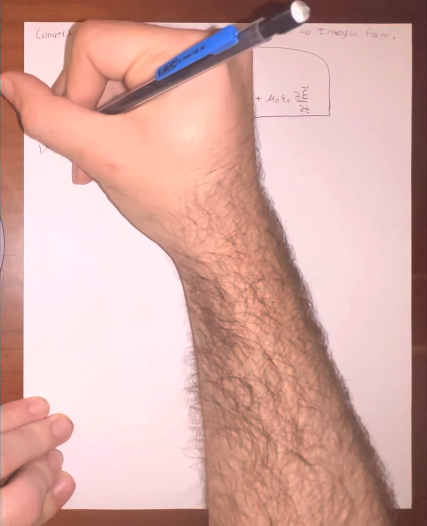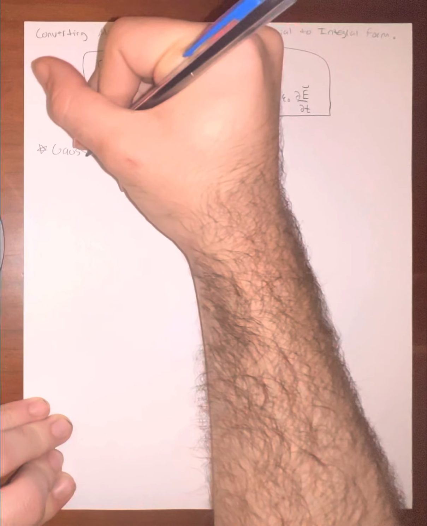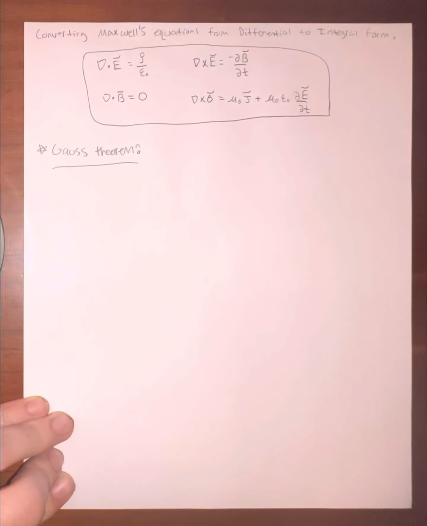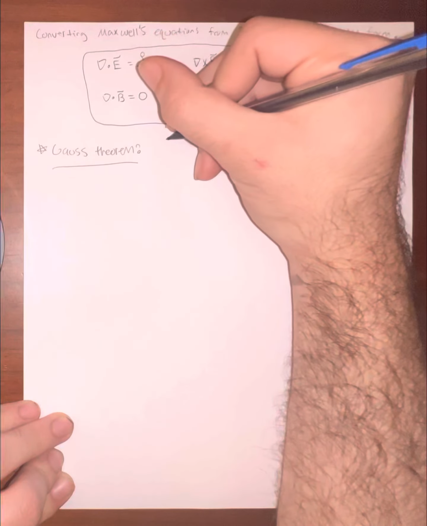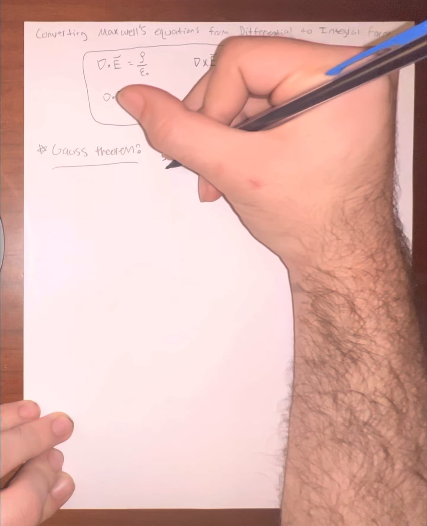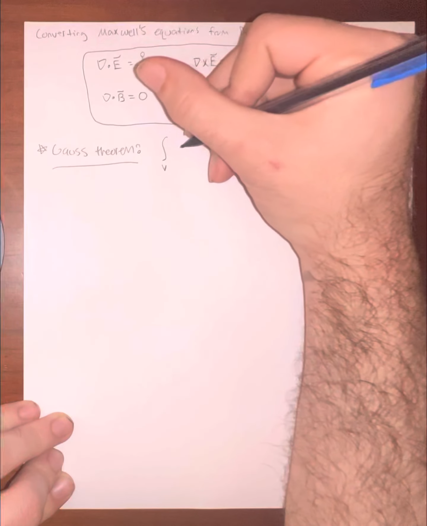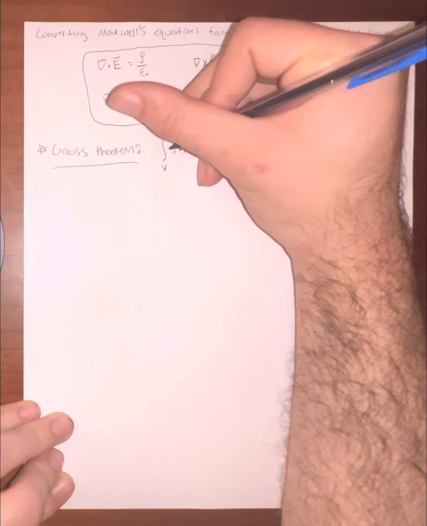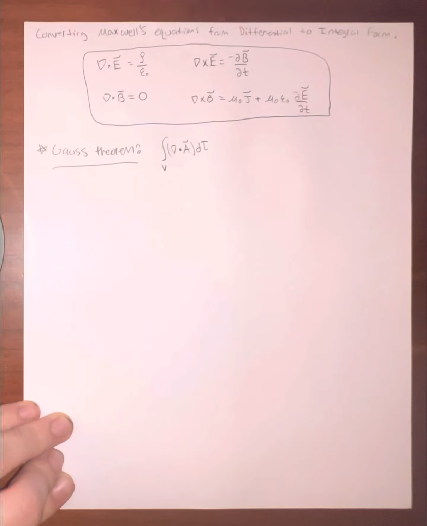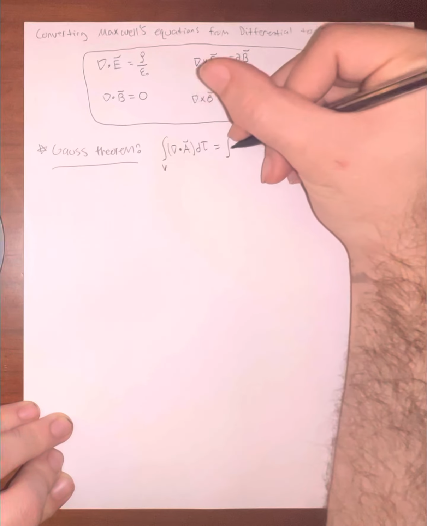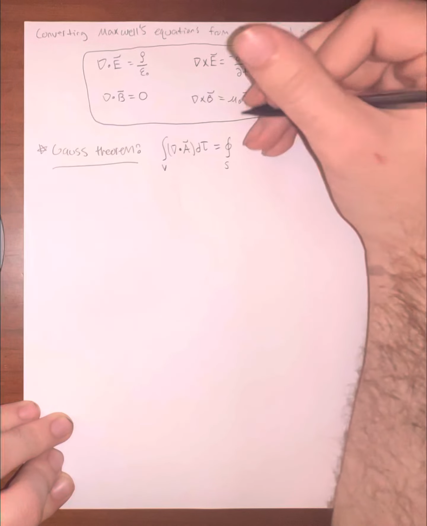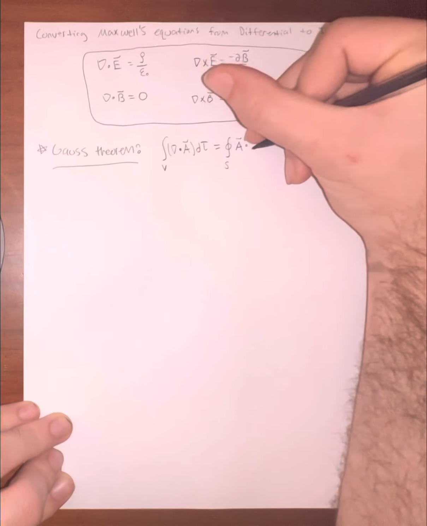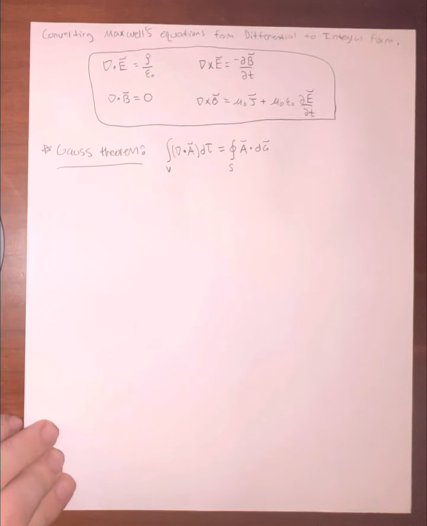So let's define the Gauss theorem, which just says that the integral over a volume of the divergence of some vector over its volume is just equal to the surface integral of that vector dotted with its area.